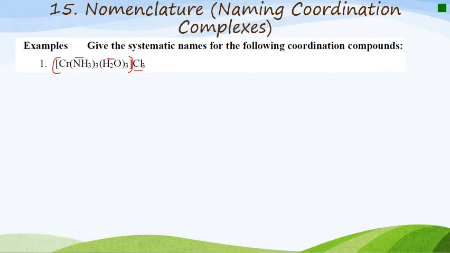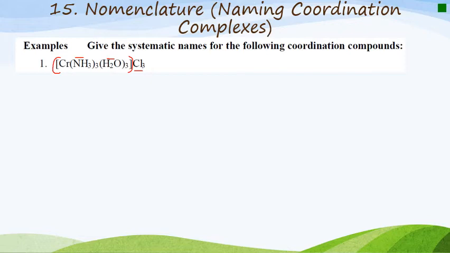Alright, now remember that ammonia and water, their names change when we name them. So ammonia becomes amine, A-M-M-I-N-E, and water becomes aqua. You need to look at both of those and decide for yourself which one in terms of alphabetical order would come first. Obviously, the amine is going to become first before the aqua. AM is before AQ.